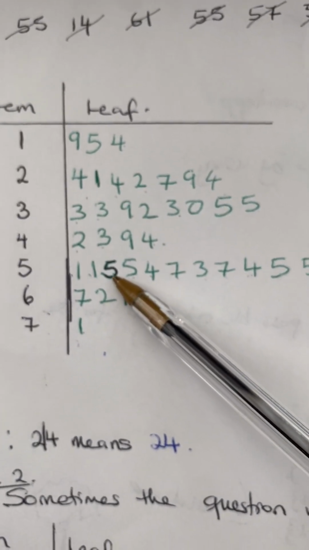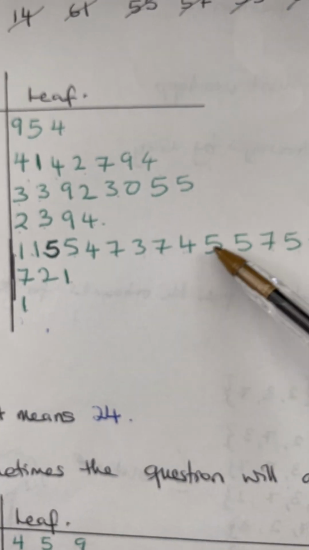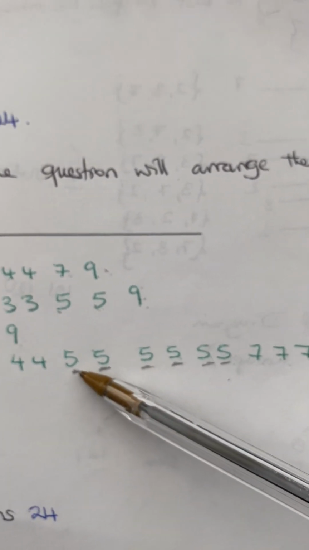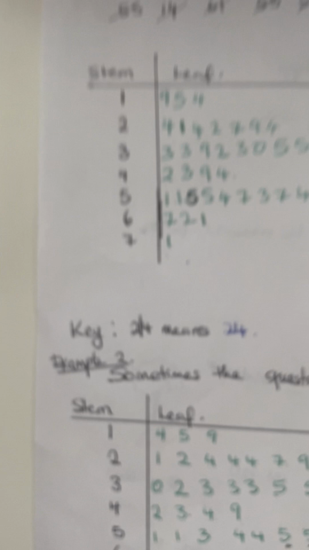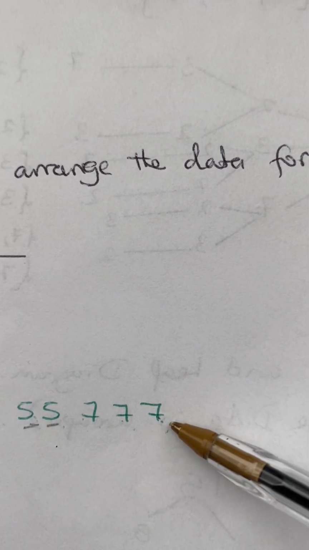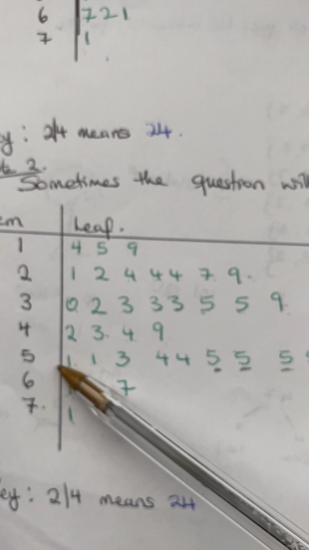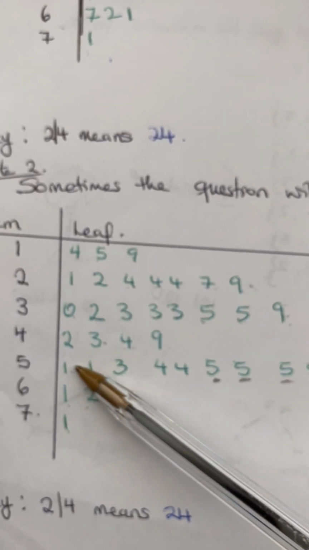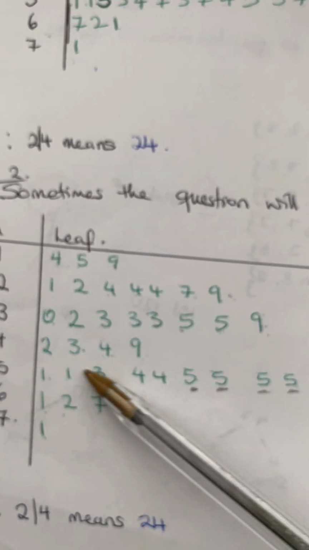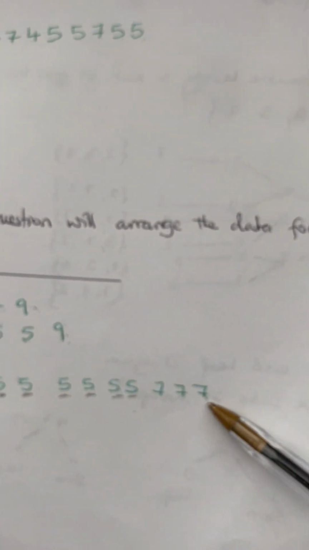Now 55, 1, 2, 3, 4, 5, 6, so I have 6 of those. I don't have 56, but I have 57 three times. So in the 50th column, I have 51, 51, 53, up to 57.